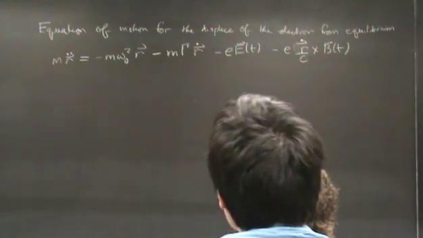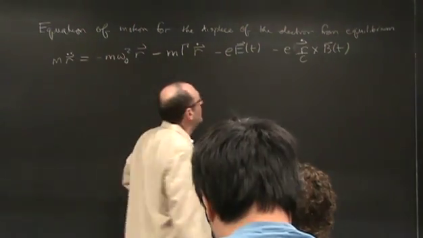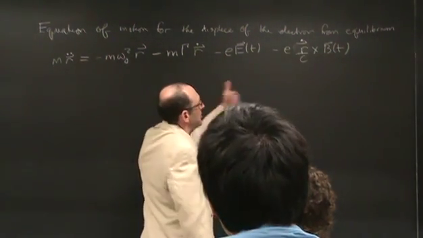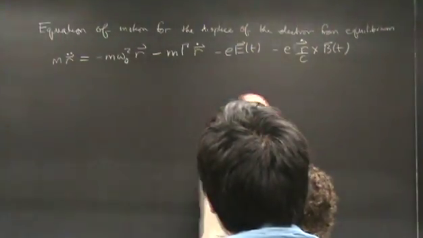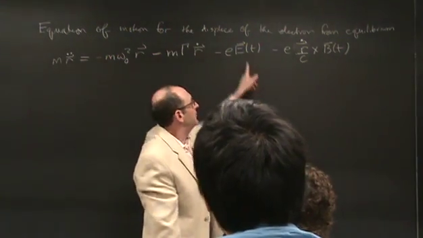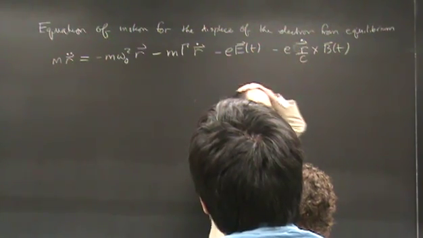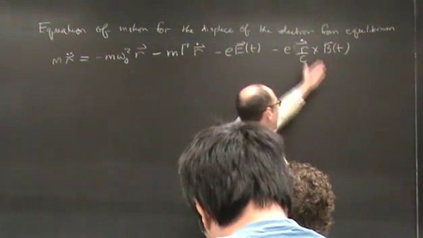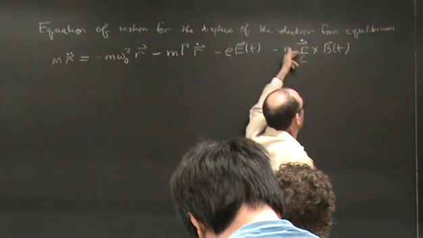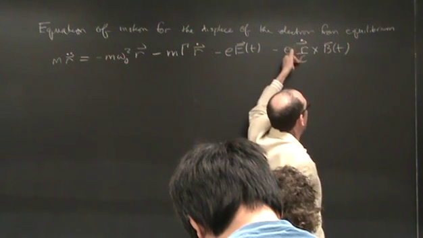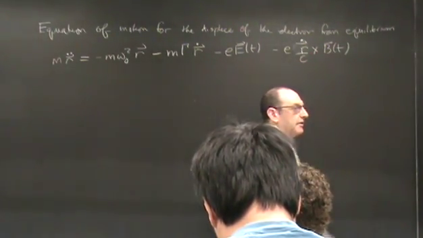And as we have mentioned many times, if we're talking about the response in the presence of an electromagnetic wave, then E and B are of the same order. So the relative strength of these forces depends on the strength of the velocity compared to the speed of light. If the electrons are not moving at near relativistic speeds, then we can neglect this.